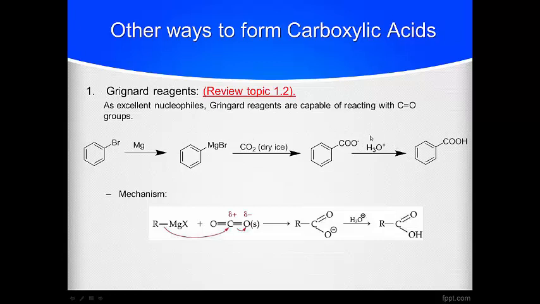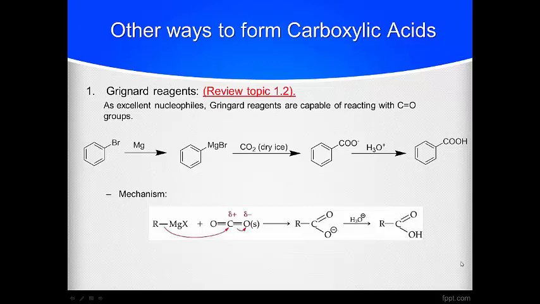And then if you quench the reaction, you can make your carboxylic acid. Again, the mechanism: your negatively charged R group attacks your carbonyl carbon, which is your only carbon in dry ice, so CO2, and then you attach that. So you've got your one carbonyl and your O minus that's formed, and then under acidic conditions you have protonation to get your carboxylic acid.